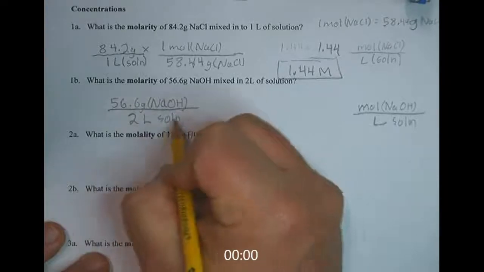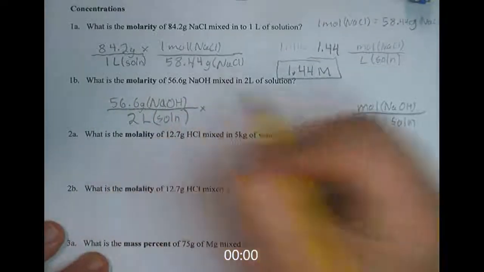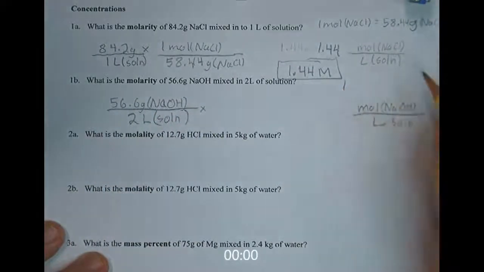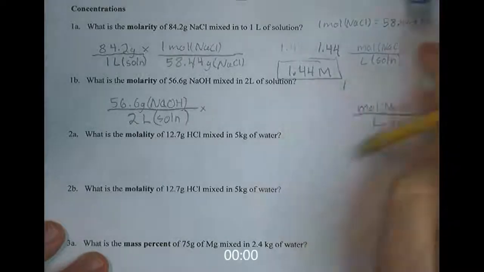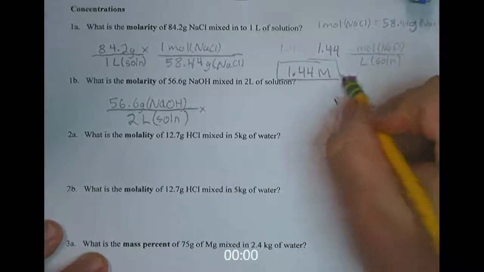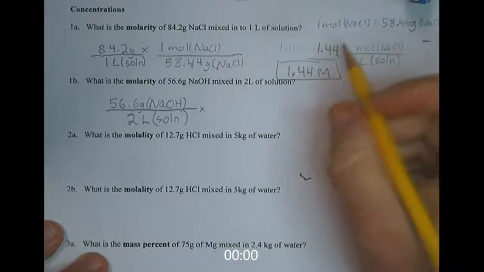That's the concentration. And again, we need to have a molar mass, and that's going to be 1 mole of sodium hydroxide is 40 grams.